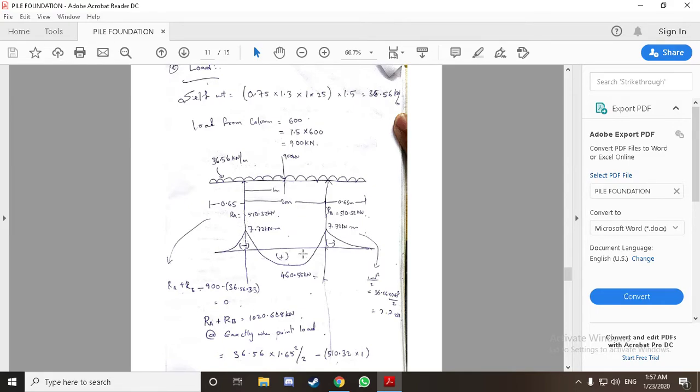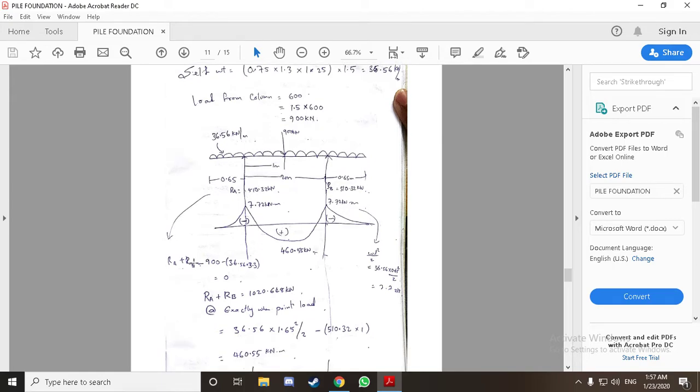So similarly we will be calculating bending moment for these two portions, two different type of portions. Firstly we will be calculating the reactions, and here we have RA, this pile as RA and this as RB. RA plus RB minus 900 kilonewton minus 36.56.